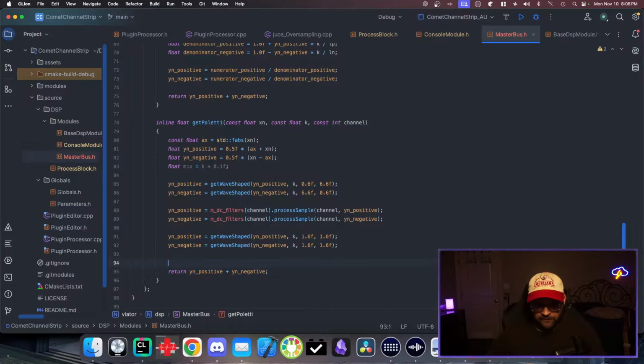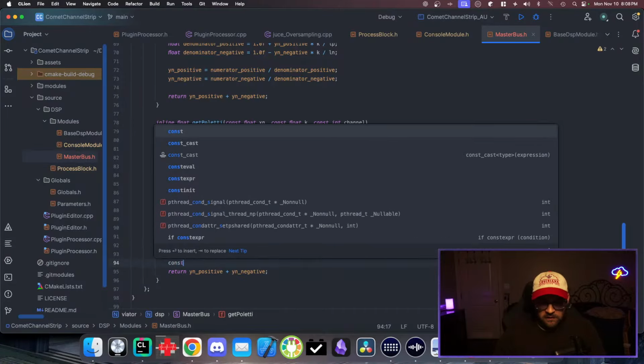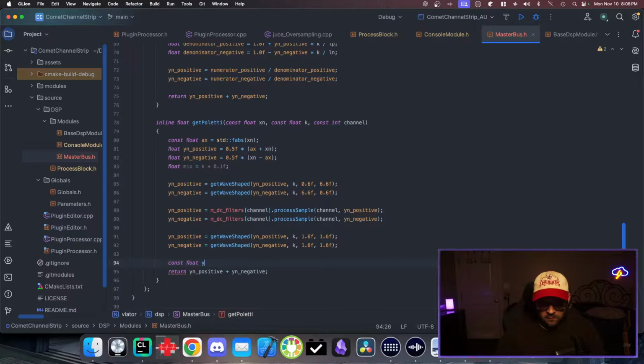We could say const float yn is equal to this. And then we'll do our mix logic. So to mix, you do 1 minus your mix, and that is going to be multiplied by your dry input.